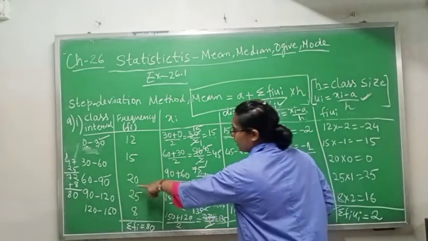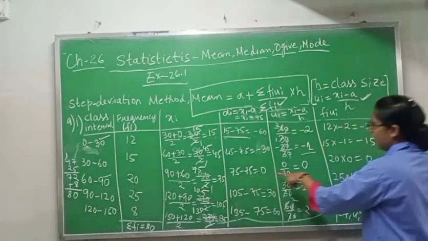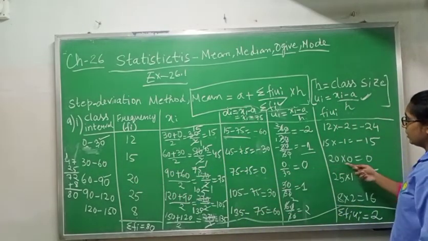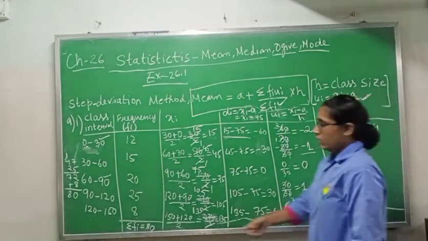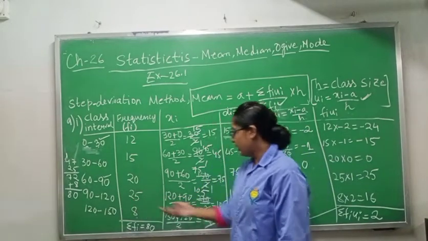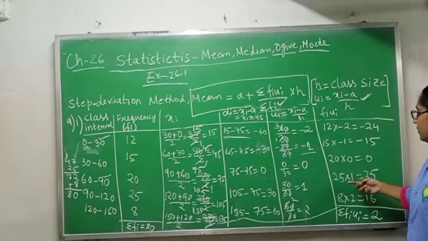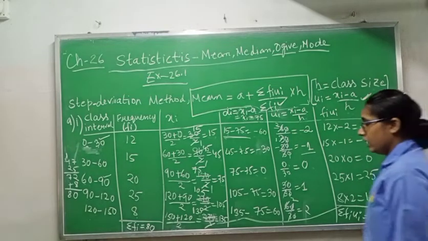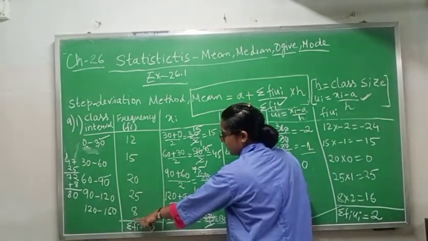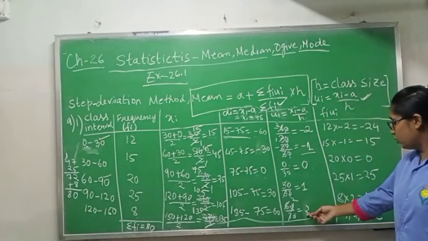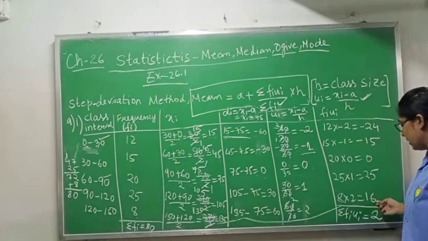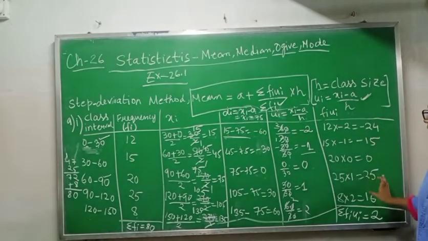Now in the third one fi is 20 and ui is 0. So 20 into 0 you will get 0. Now in the fourth one fi is 25, ui is 1. So fi into ui, 25 into 1, you will get 25. Now in the last one 8 is fi and the ui value is 2. So 8 into 2 you will get 16.